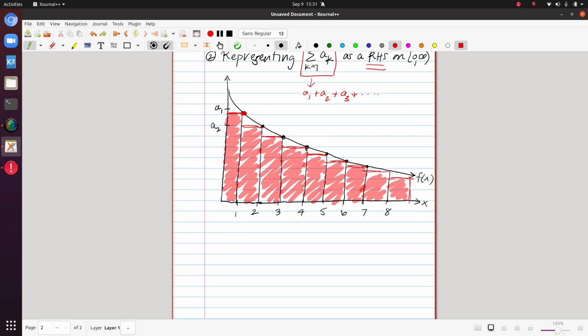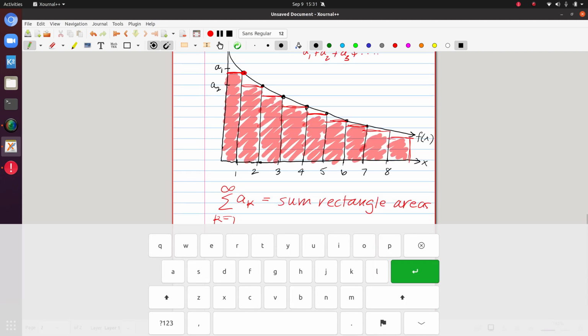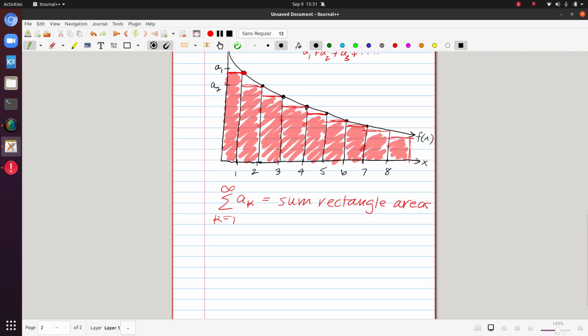I still have that my sum is a sum of rectangle areas that I've drawn, in this case in red. However, we get a different relationship. From the picture, I can see that this sum is now smaller than the integral of f of x if I integrate this from 0 to infinity.